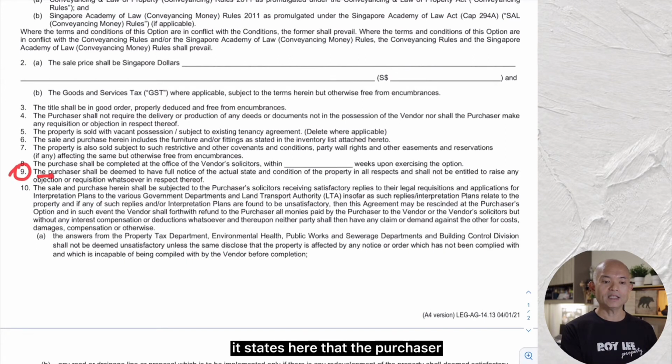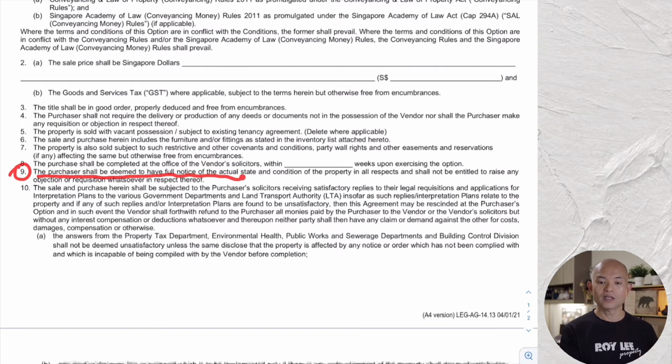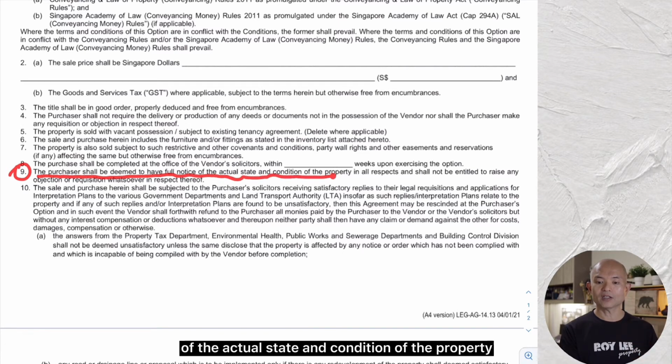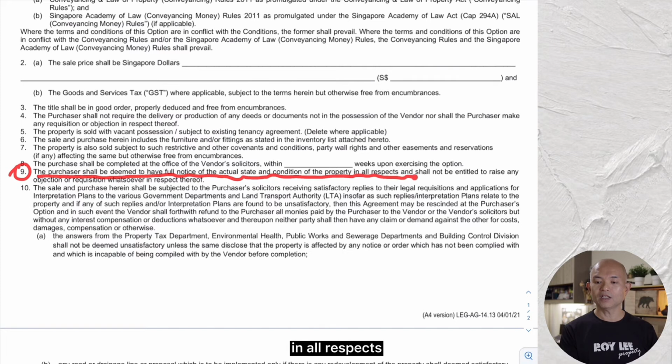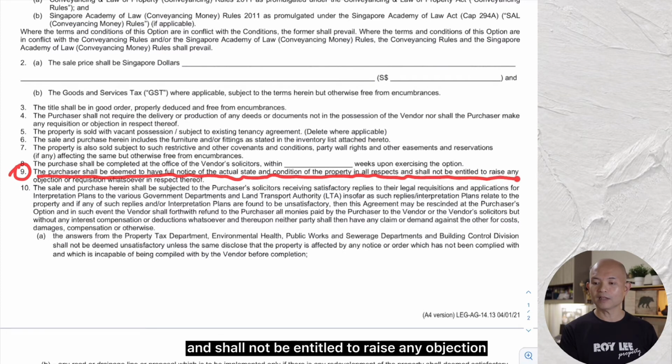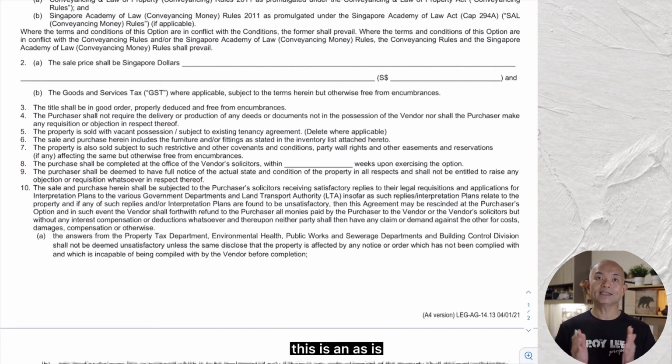Number 9 is very important. It states here that the purchaser shall be deemed to have full notice of the actual state and condition of the property in all respects, and shall not be entitled to raise any objection or requisition whatsoever in respect thereof. This is an as-is-where-is clause.